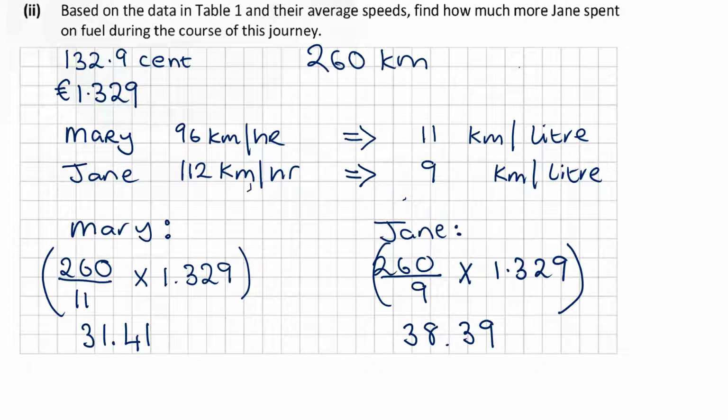So the difference between 38.39 and 31.41 works out to be 6.98. So Jane spent 6.98 more. We're just taking those two numbers away.